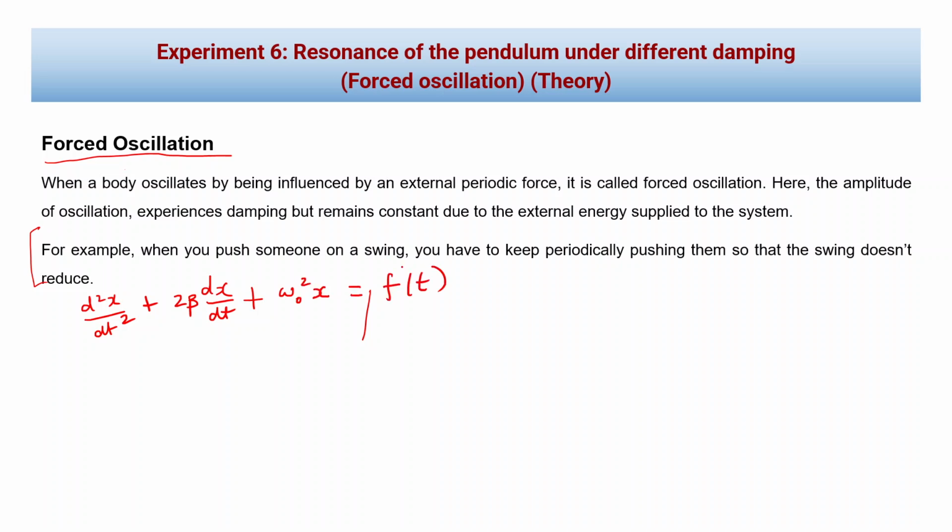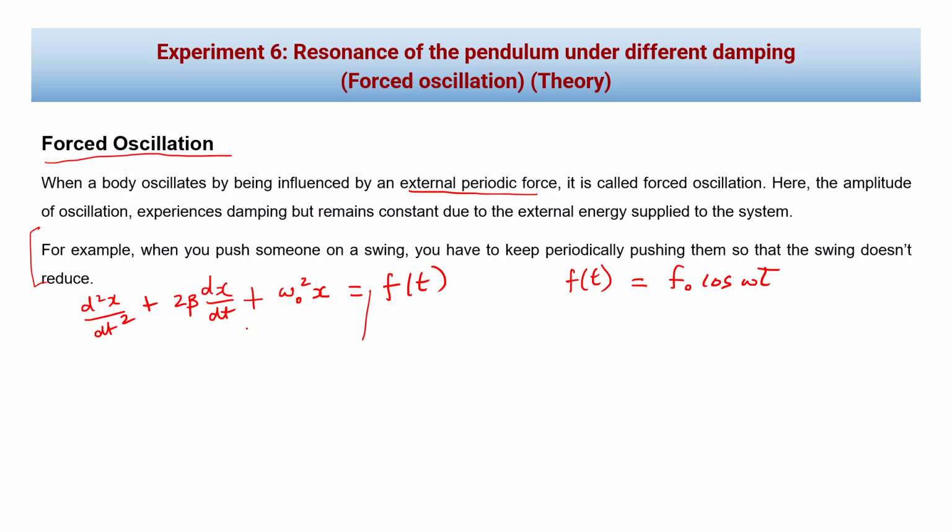Now this is the external force that we are supplying to the oscillating system. This is usually in the form of a periodic force. There's this force which is time dependent. It could be periodic, so it could be of this expression.